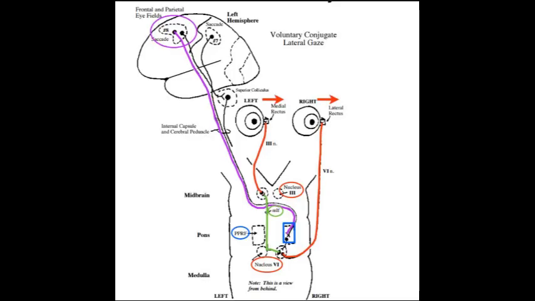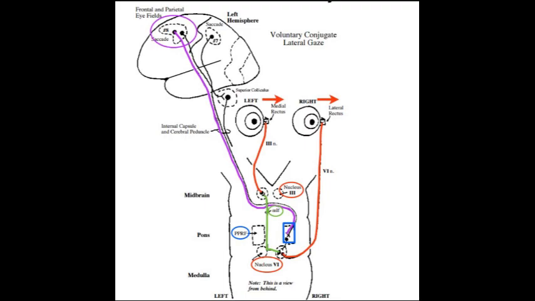So the left frontal eye field sends information to the right PPRF. The right PPRF then activates the abducens nerve on the right. The abducens nerve, cranial nerve 6, on the right then sends information to the lateral rectus on the right, and that pulls the right eye to the right. So it abducts the right eye.